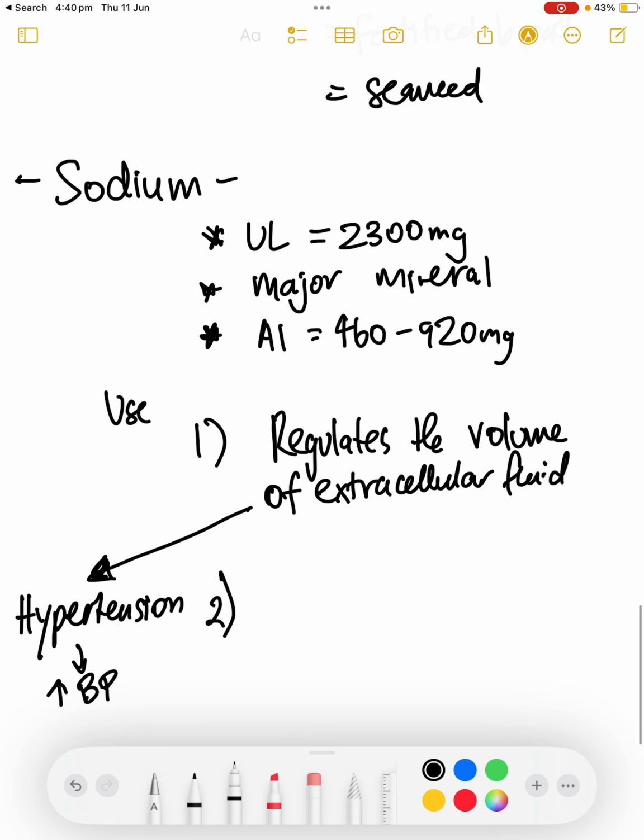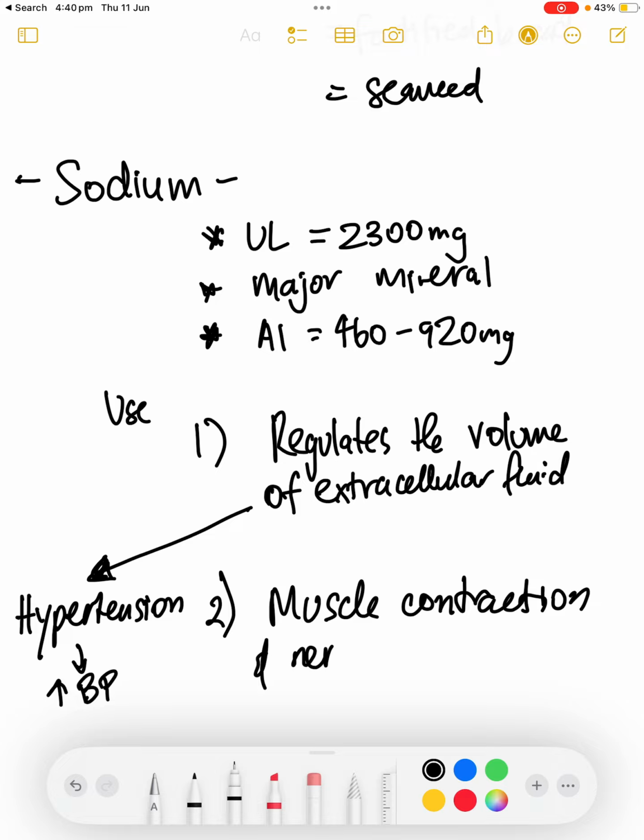Number two, see, you need some amounts to regulate that volume, but you consistently don't need too much of it, is muscle contraction and nerve impulse too. Now, muscle and nerve cells make those electrical impulses by controlling the charged ions, the charged elements which have lost electrons, as a part of the sodium-potassium pump in the membrane.